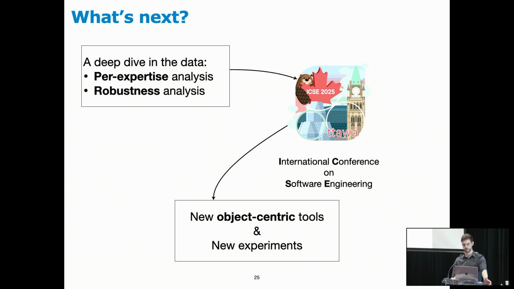Okay, so that's our conclusions. It seems that the object-centric breakpoints are helpful for a certain type of bugs, and not for the other type, where your bug is not reproducible without restarting the app.